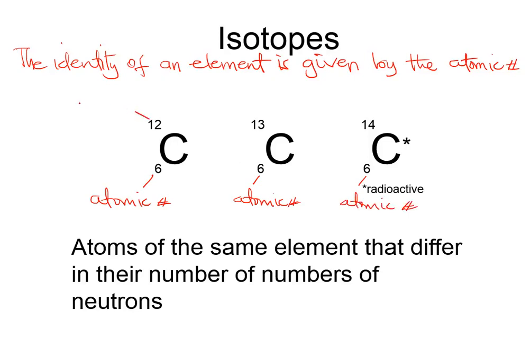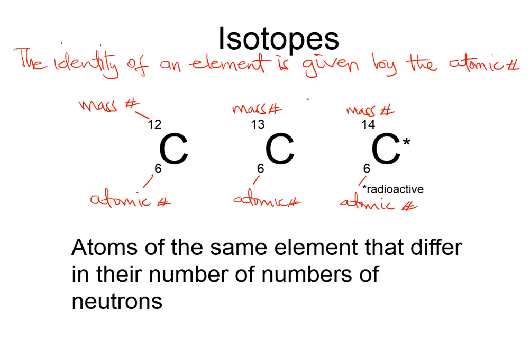This one is atomic mass, we call it mass number. This one is mass number, this one is also another mass number. As you can see, all these three have the symbol of carbon, C. But you see the masses are different.